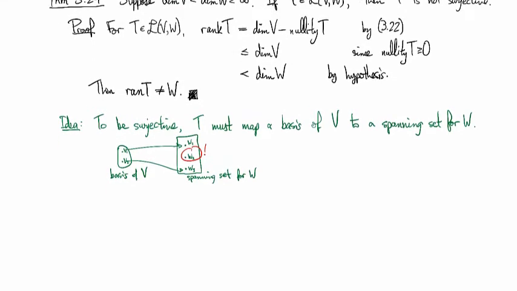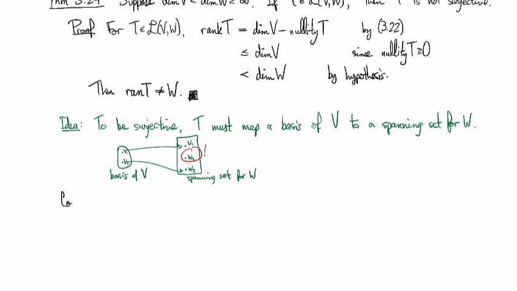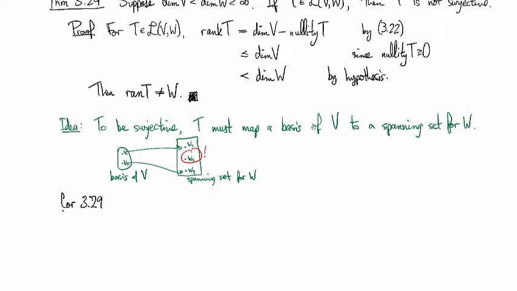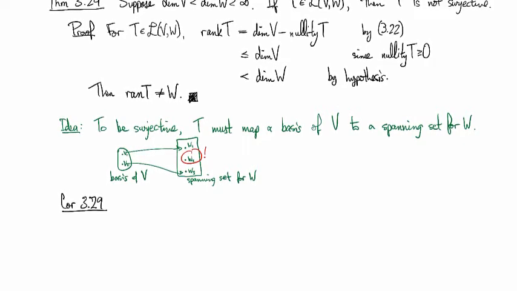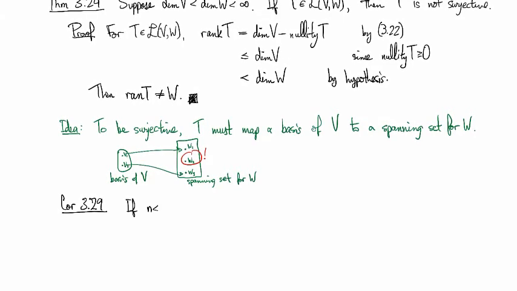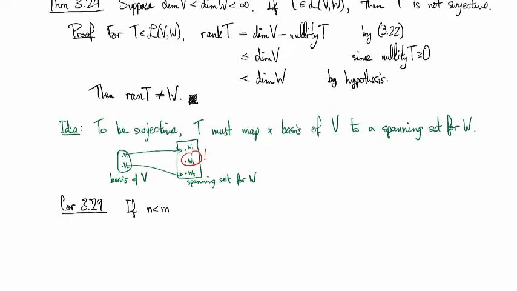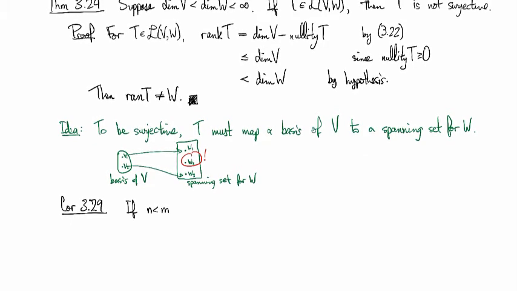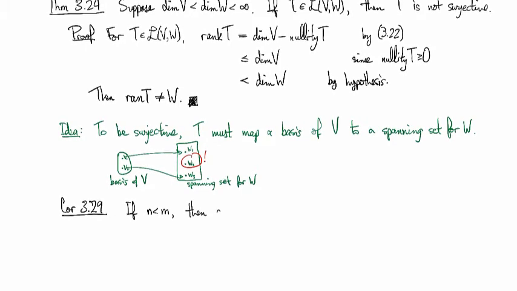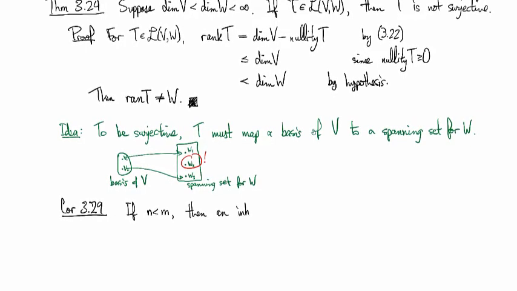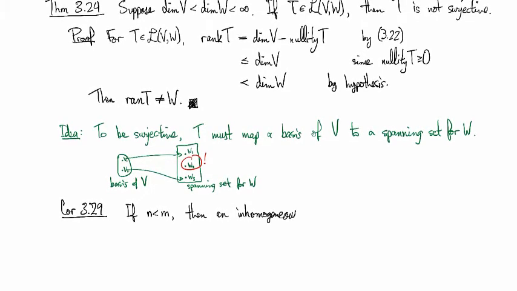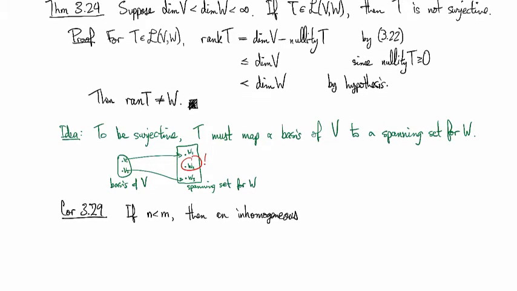Okay, and so then we have also an immediate corollary for the non-surjectivity theorem, again in terms of systems of linear equations. This time we'll take the inequality reversed, so that n is strictly less than m. And we'll look at inhomogeneous systems and the solvability of inhomogeneous systems.